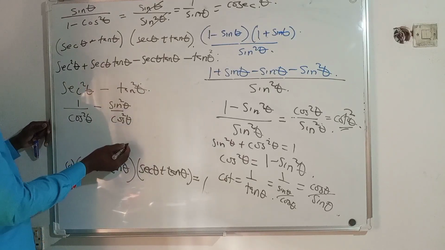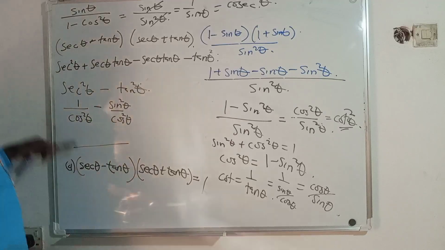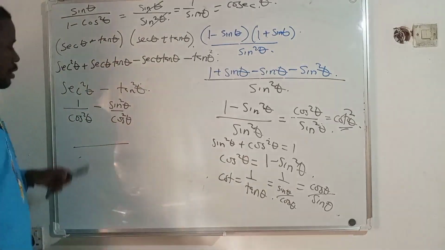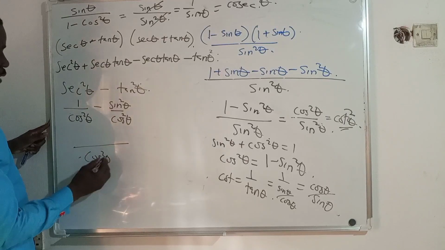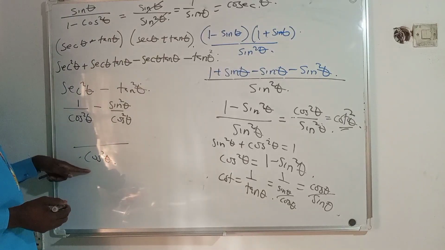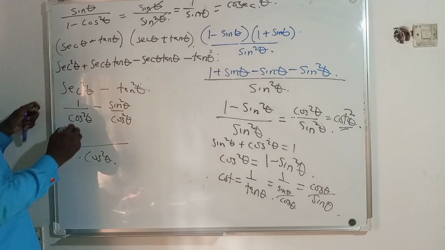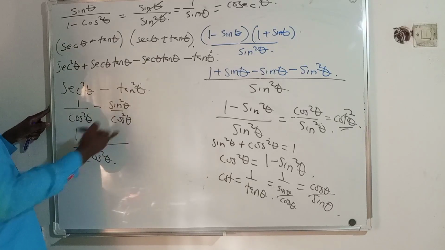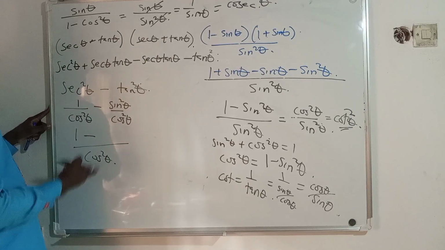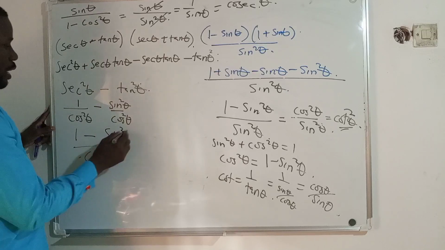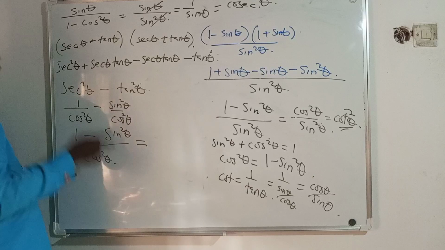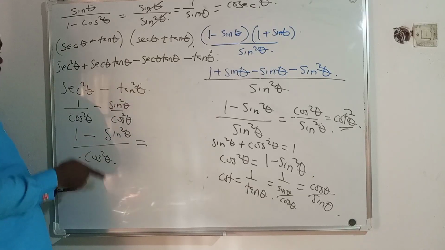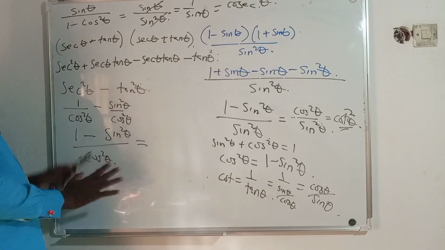And so at this point, you look for the LCM. The LCM of this will be cos square theta. Cos square theta into itself, of course, is 1, so 1 times 1 will be 1, minus cos square theta into this will be 1, 1 times this will be sine square theta. And this is equal to 1 minus sine square theta all over cos square theta is what we have at this point.